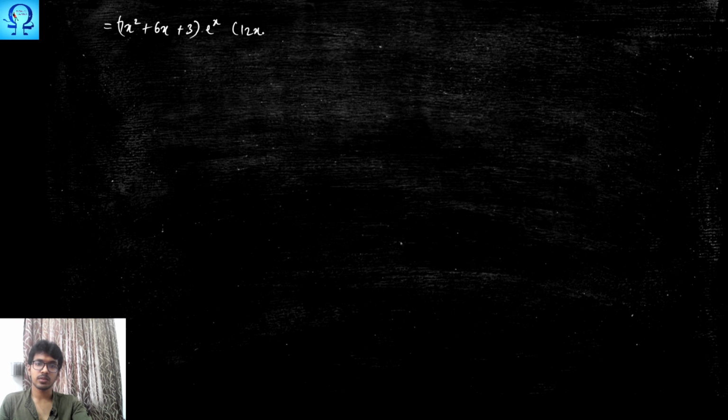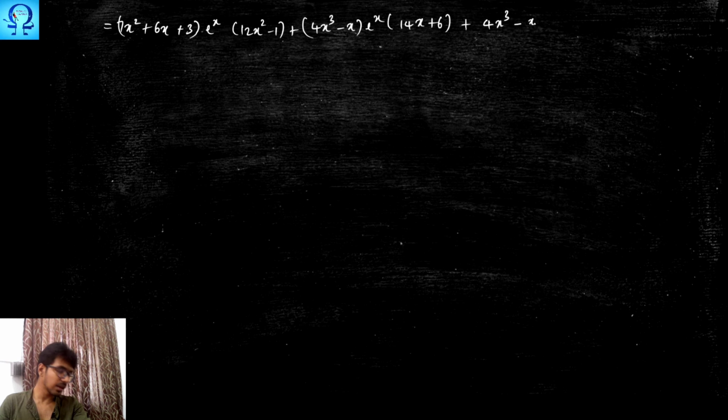So it is 12x squared minus 1. And then we have the first and last functions as it is. The first one is 4x cubed minus x, and the last one is e power x, and we differentiated this one, that is 14x plus 6. And then we kept the first two functions as it is, that is 4x cubed minus x and 7x squared plus 6x plus 3, and the derivative of the last function is e power x.